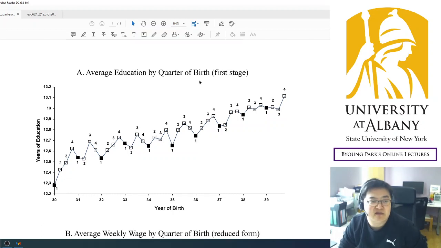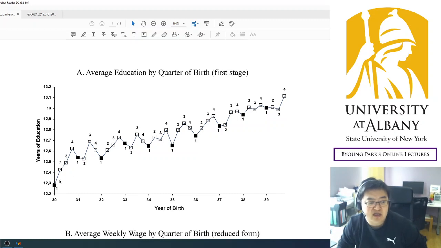I would expect quarter of birth to have no effect on education, but there is a clear pattern. The first quarter is consistently lower than the fourth quarter.